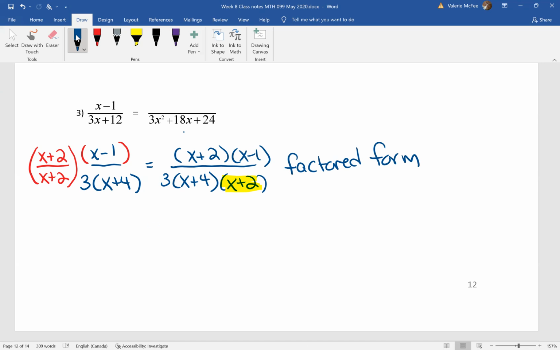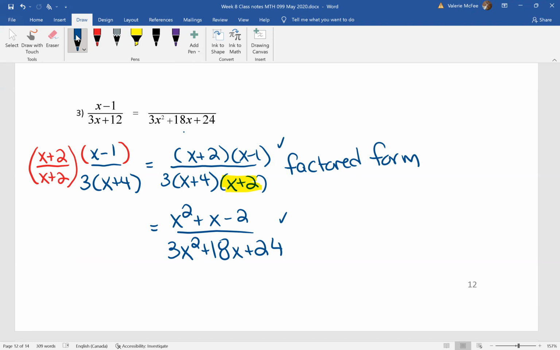But if it's not asked for factored form, you'd need to open your brackets here. We already have the denominator multiplied out for us before we factored it. So both of these are correct. Just be careful what's being asked for when you're finding an equivalent expression. That takes some practice, but is going to be really important when we look at adding and subtracting rational expressions with different denominators.